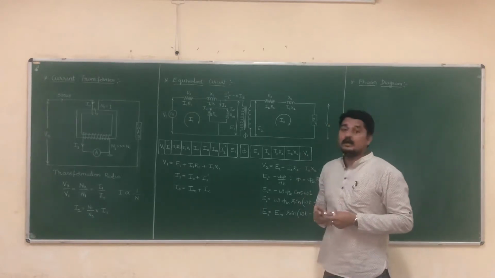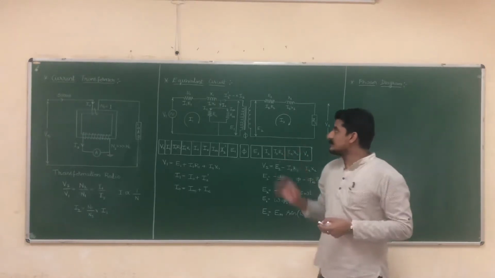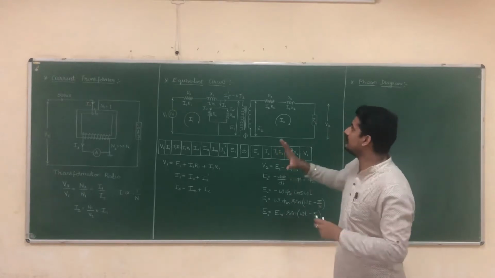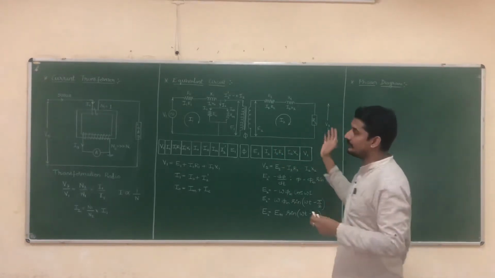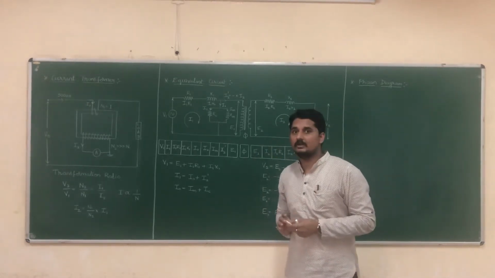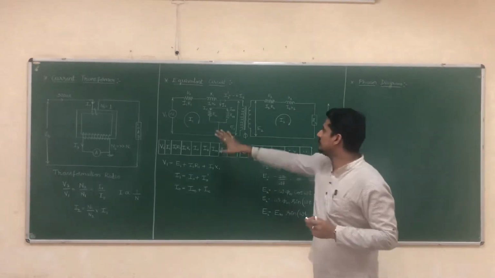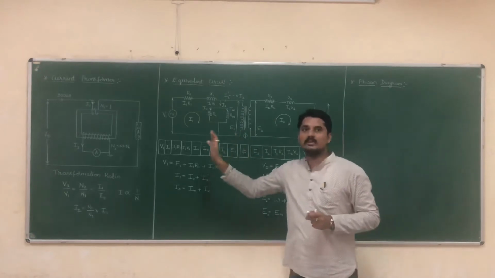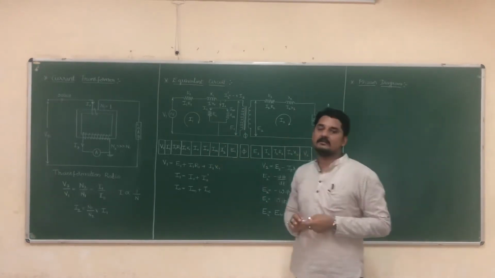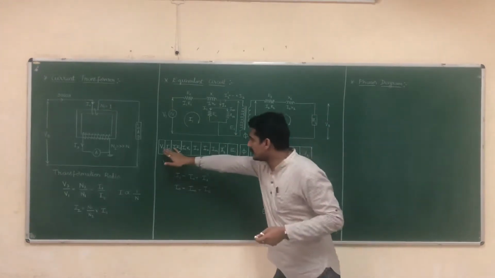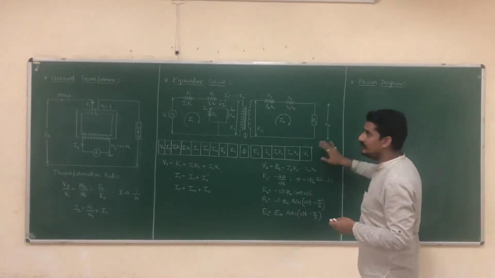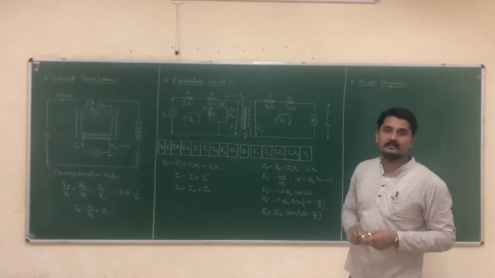Now to write the phasor diagram from this equivalent circuit, how many parameters are there? In total, this equivalent circuit has 15 parameters, and we should represent all these 15 parameters in the phasor diagram.